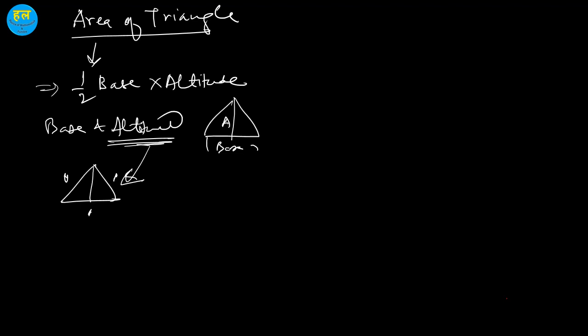If we know all three sides of the triangle, we can find the area of the triangle, and this formula is known as Heron's formula.